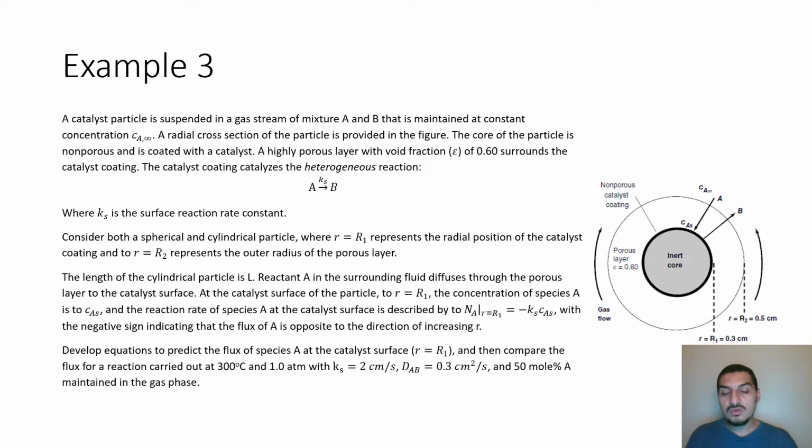So what we want to do now is to develop an equation to predict the flux of species A at the catalyst surface, and then calculate the flux at temperature 300 Celsius, 1 atmosphere, Ks equals 2 centimeter per second, DAB equals 0.3, and I know the mole fraction of A outside, which I can use to calculate the CAS or the Ca infinity.